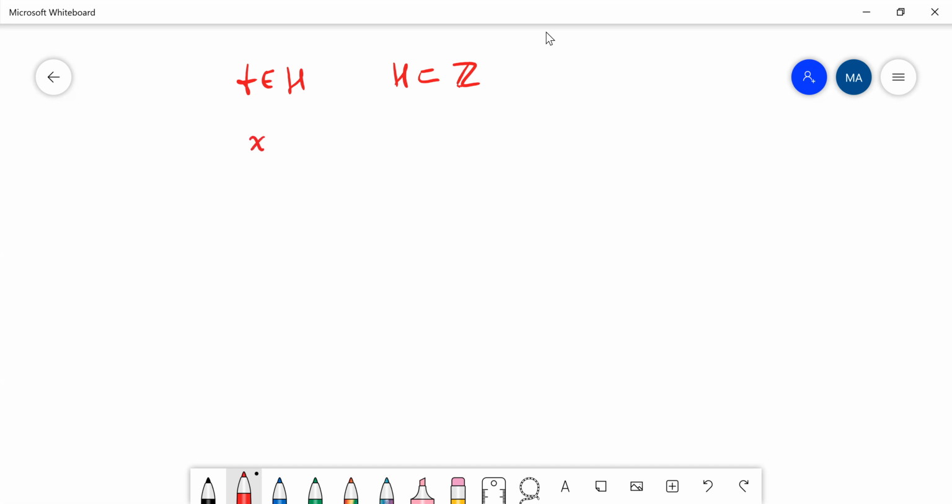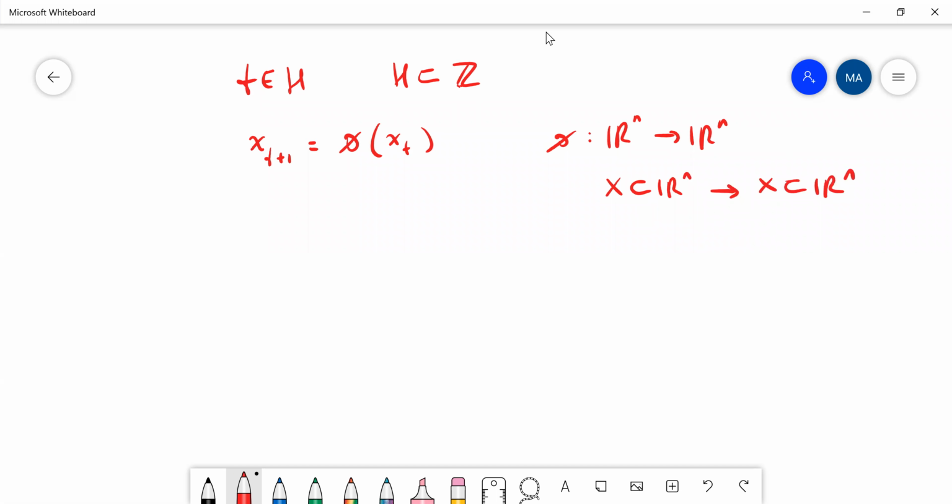And we looked at a multidimensional system such as this one, where phi is some function from Rn to Rn, or you can define a subset of Rn, and you can still talk about this vector valued function.